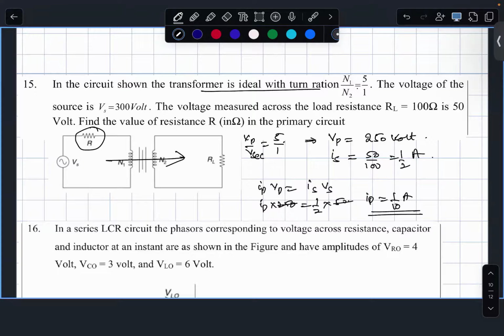Power transferred across these two. ఎవరి దగ్గర ఎవరు చెప్పారు?